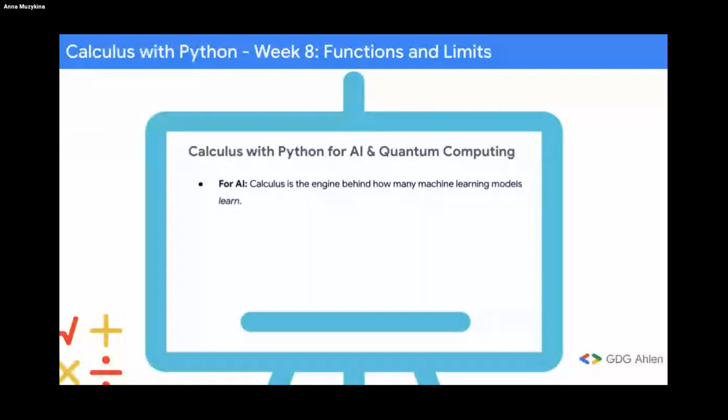So, you might wonder why calculus for AI or even quantum. For artificial intelligence, calculus is the engine behind how many machine learning models learn. The concept of derivatives, which measure rates of change, is fundamental to optimization algorithms like gradient descent that train neural networks by minimizing errors.